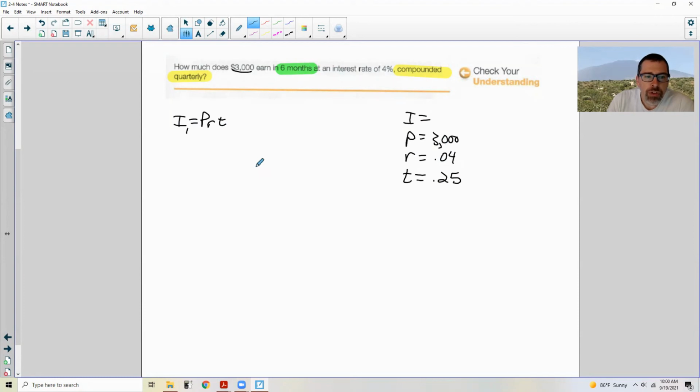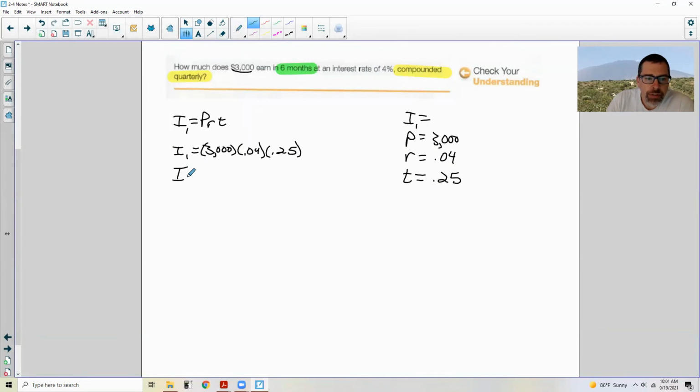So the interest of the first quarter, I'm going to call this I sub 1, equals PRT. So I sub 1 equals the principal of $3,000 times the rate 0.04 times 0.25.